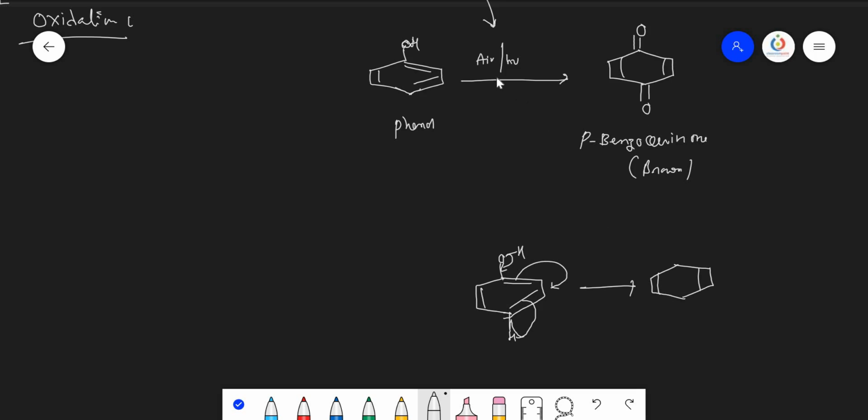Here air is there in oxygen. This oxygen is from the air. So these pi electrons will shift over here, and this will be shifted over here, and later this bond also will be disconnected. Like this means basically hydrogen from here, hydrogen from here. Two hydrogens are removed.